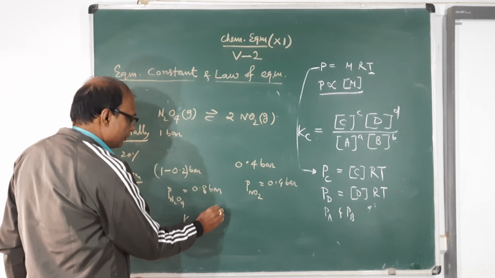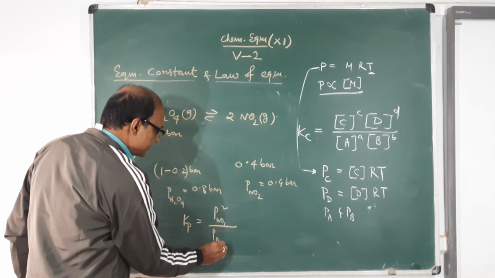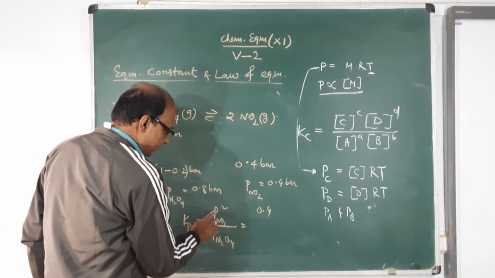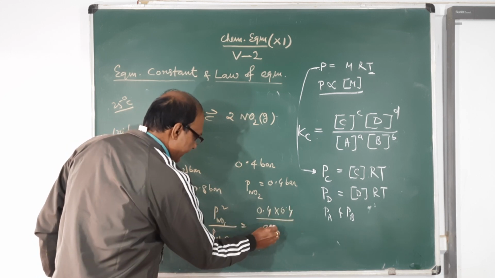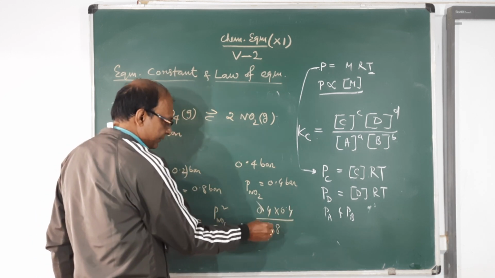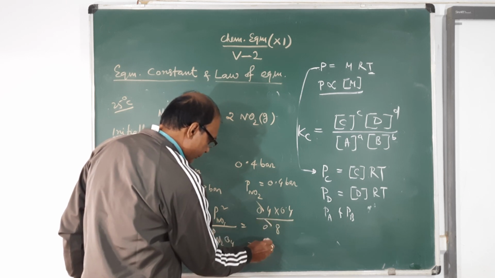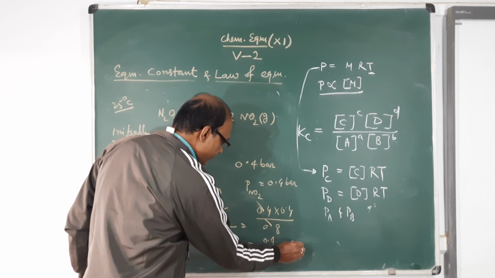Now you can find the value of Kp. Kp equals partial pressure of NO2 squared by partial pressure of N2O4, which is 0.4 squared by 0.8. Now you calculate it. So 0.4 by 2 is equal to 0.2.